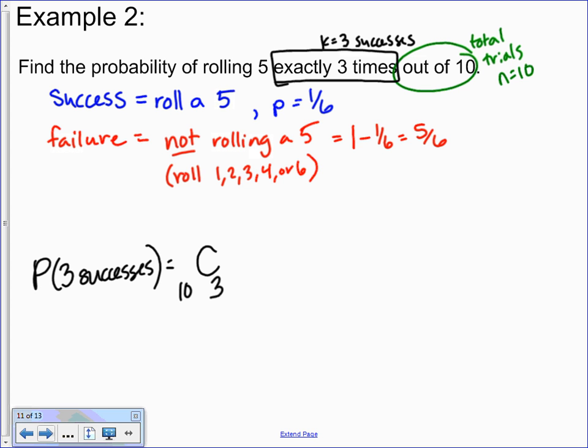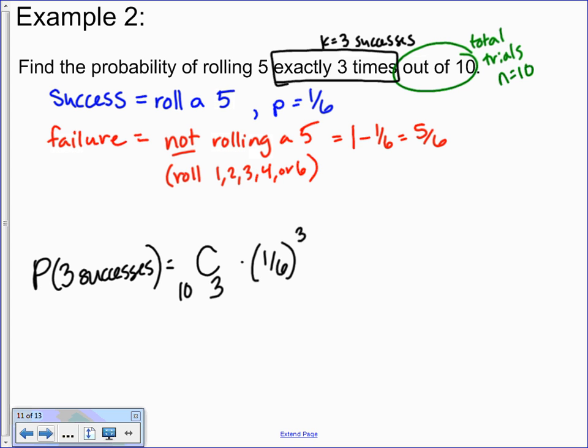Now, the next part of my formula is all about success. So everything I know about success is the probability of success is 1/6, and I want to have exactly 3 successes. So I'm going to take that 1/6 and raise it to the 3rd.